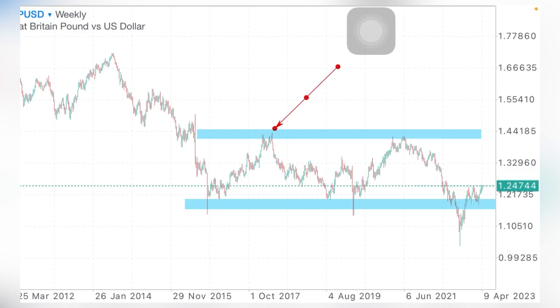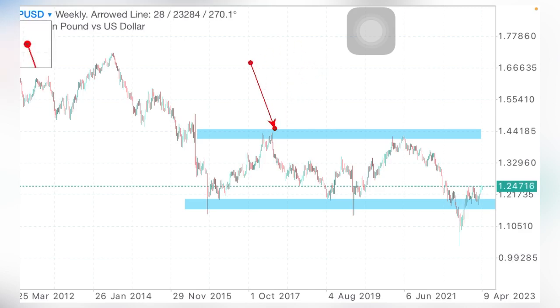That is to say, buyers could not break the resistance. They could not buy this market above the resistance. What did sellers now do? Because sellers are the ones in the resistance zone, sellers now pushed this market downward to this point.